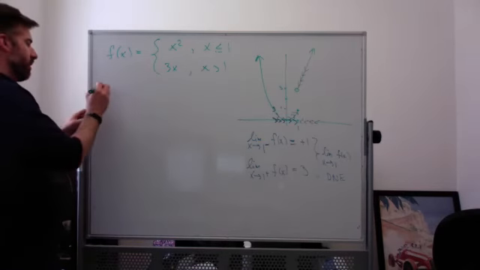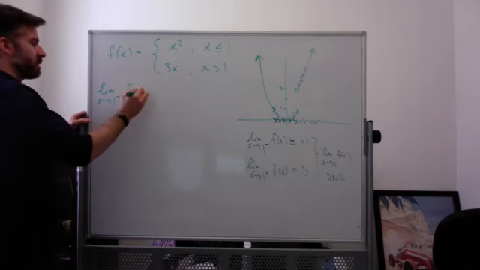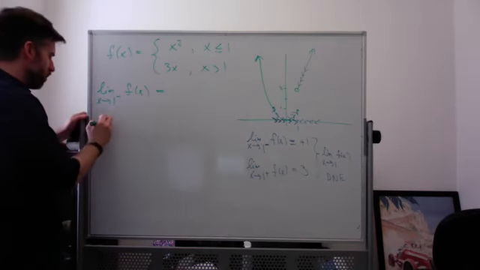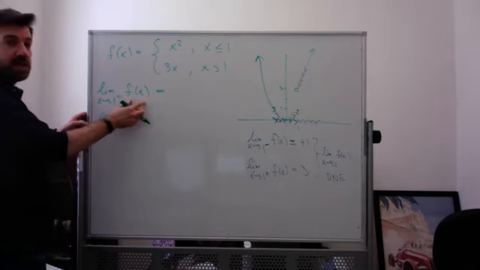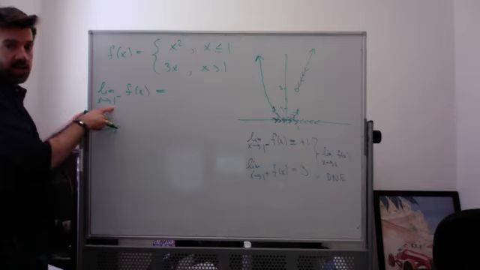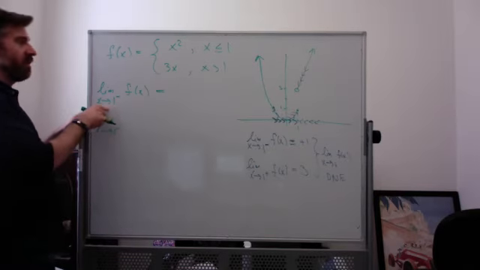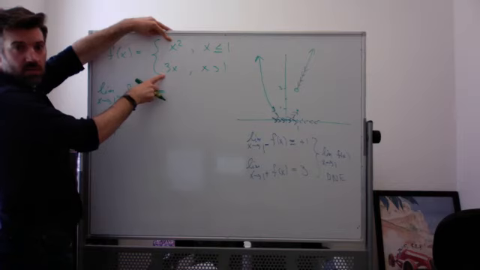So if I'm going to find the limit as x approaches 1 from the left of f of x, what I'm going to do is use the piece of the piecewise function when x is to the left of 1. So let me ask you guys, if x is to the left of 1, am I using the top piece or the bottom piece?